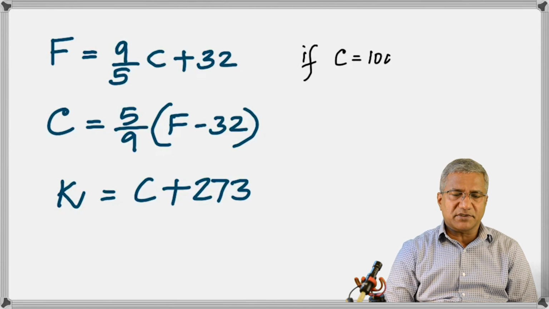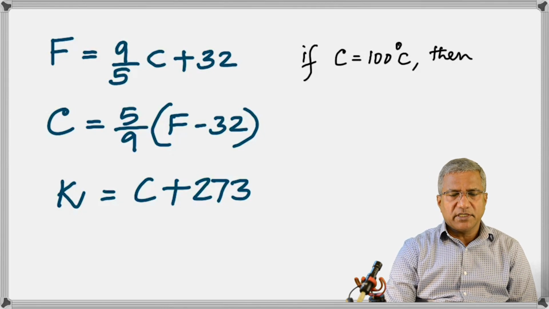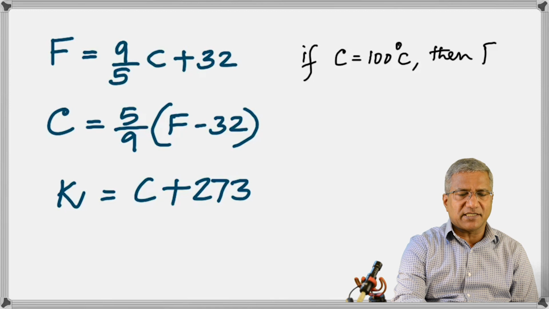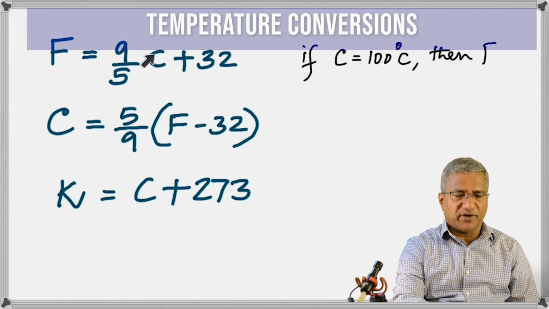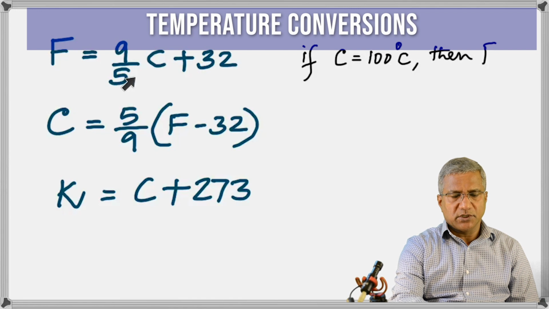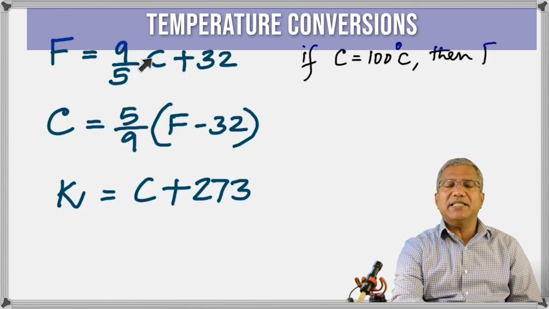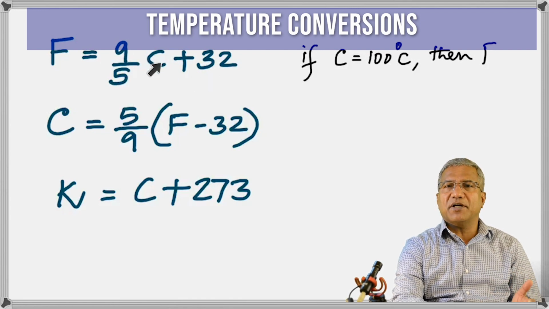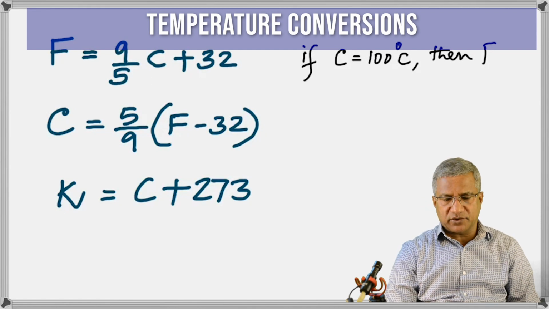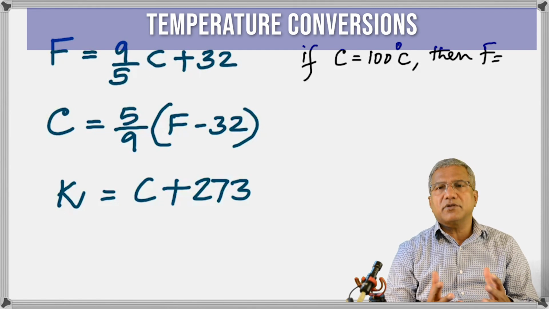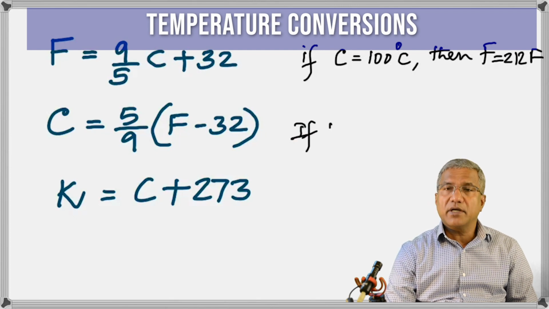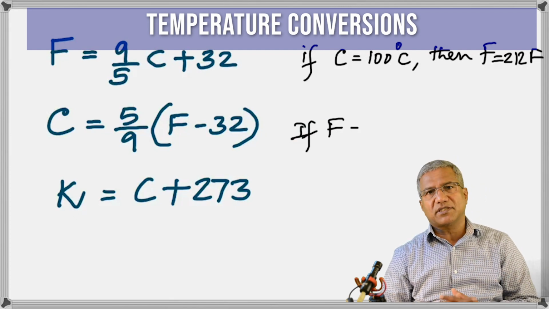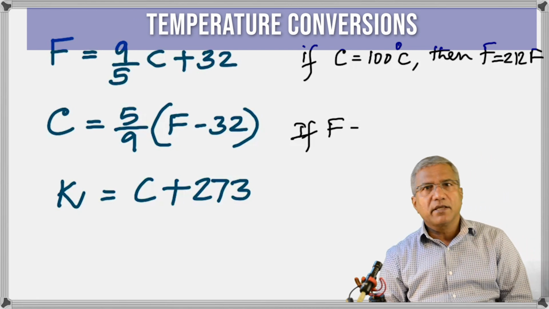So here are some examples and a big difference. If C is 100 degrees Celsius, you put 100 here: 9 times 100 divided by 5, plus 32. You first multiply by 100, then divide by 5, and later add 32, and you get 212, because we know 100 degrees Celsius is 212 Fahrenheit, right?